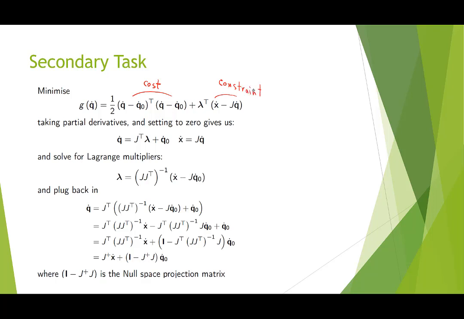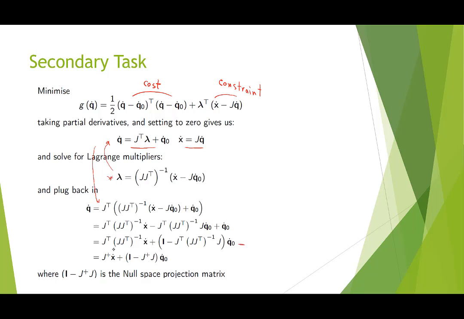We use the Lagrangian to minimize this cost function, taking derivative of our new Lagrange equation with respect to q dot and lambda, the Lagrange variable, we get these two equations. From these two, we can calculate lambda as this. Putting lambda back into this equation, we can calculate q dot. If we simplify this equation, we reach this equation.